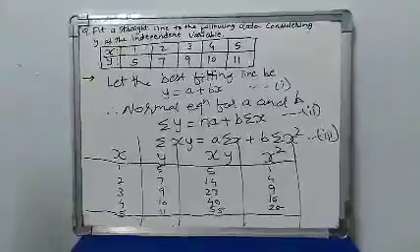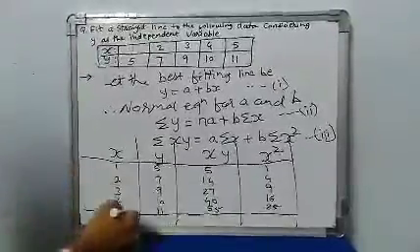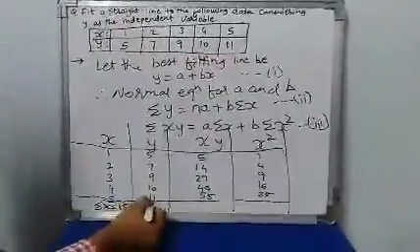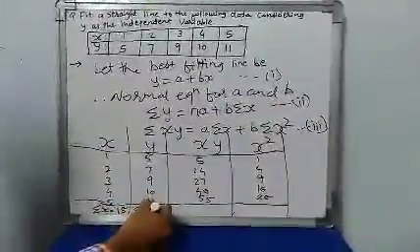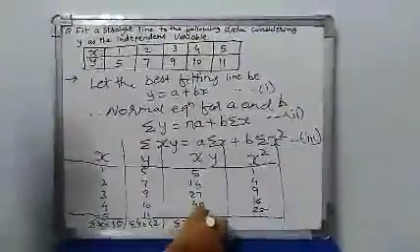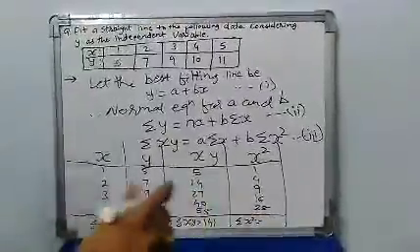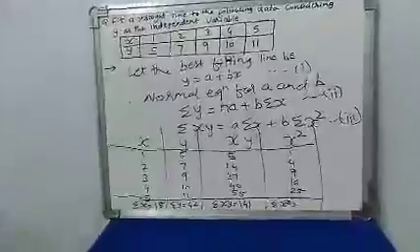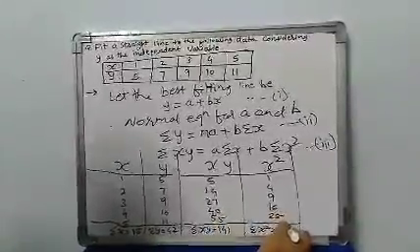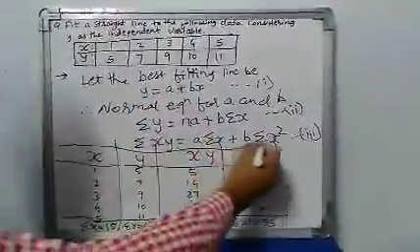So summation of x, the addition of these, is 15, summation of y is 42, summation of xy equals 141, and summation of x square equals 55. Okay, so we have formed a table.